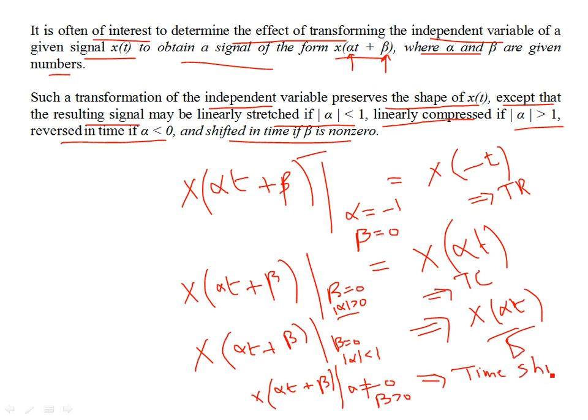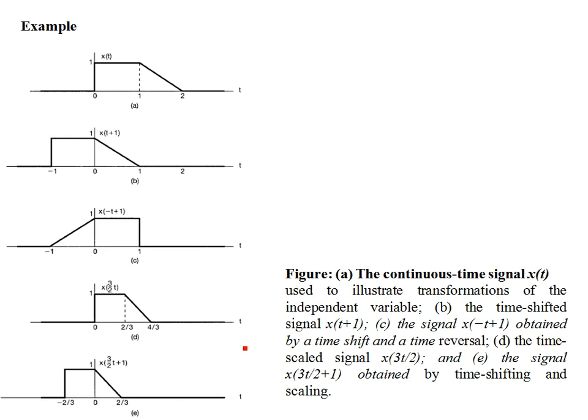Time shift could be either towards right or towards left. In case beta is greater than 0, the time shift is towards right. In case beta is less than 0, then time shift is towards left. So for non-zero beta, it is simply a time shift, together with compression or stretching, depending on if the magnitude of alpha is greater than 1 or less than 1.